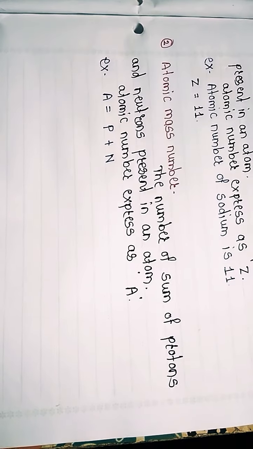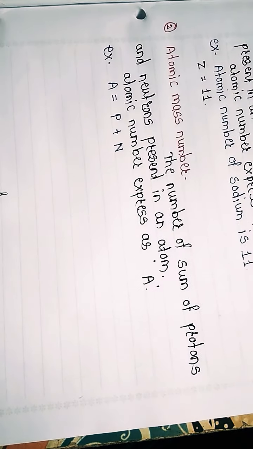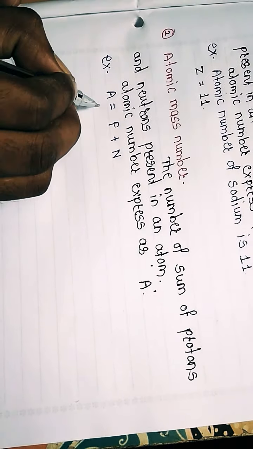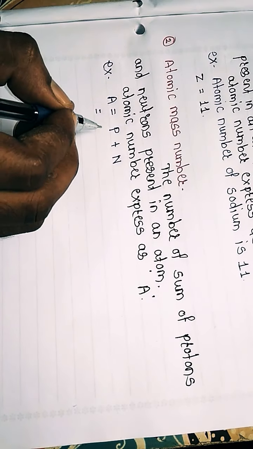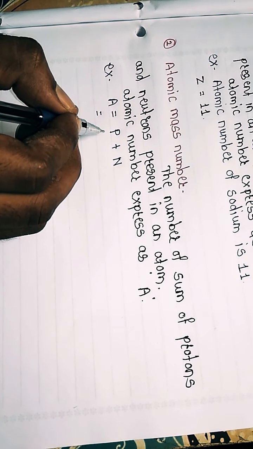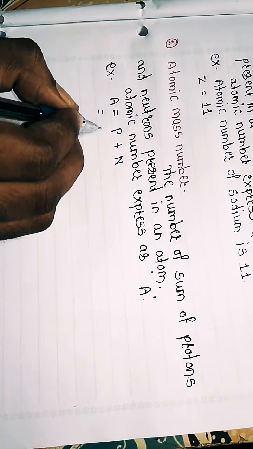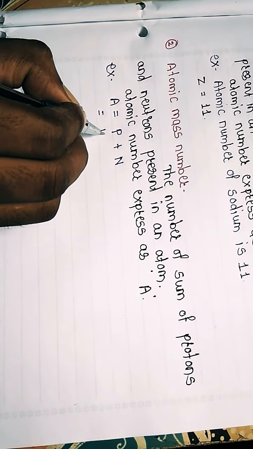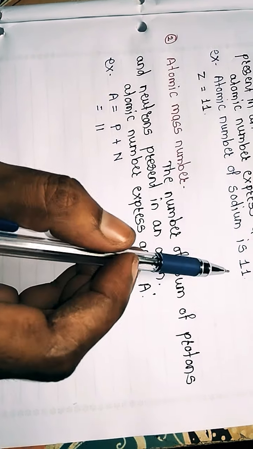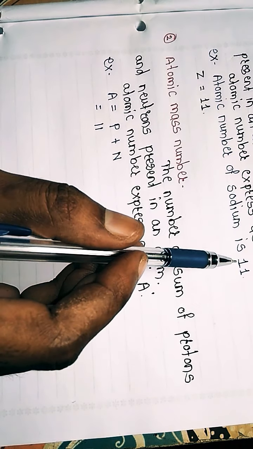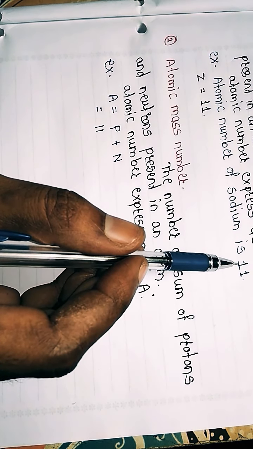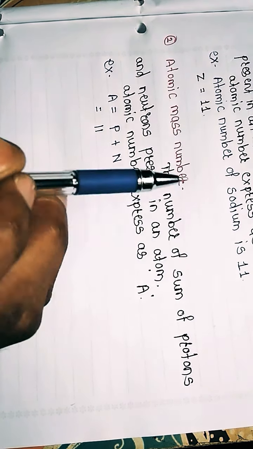If we have to find it out, we already know the number of protons present in sodium is 11, as we wrote above, because the number of protons or electrons present in an atom is also called the atomic number.